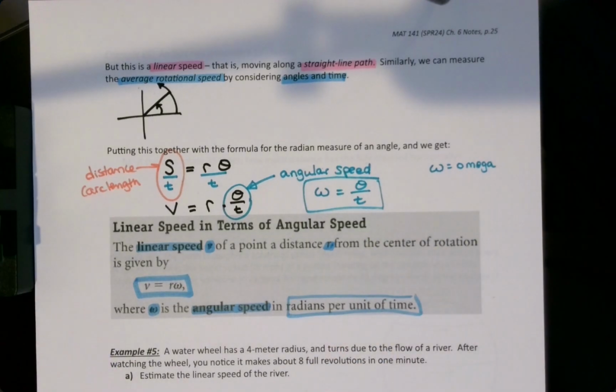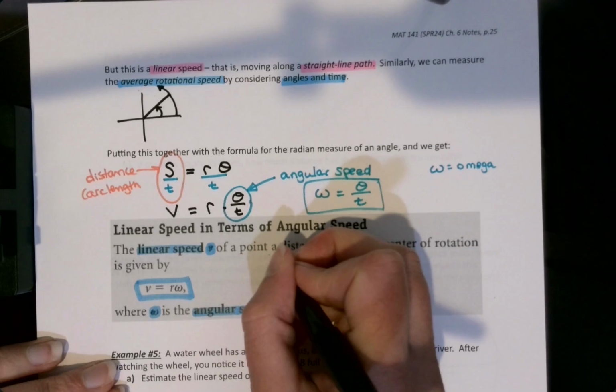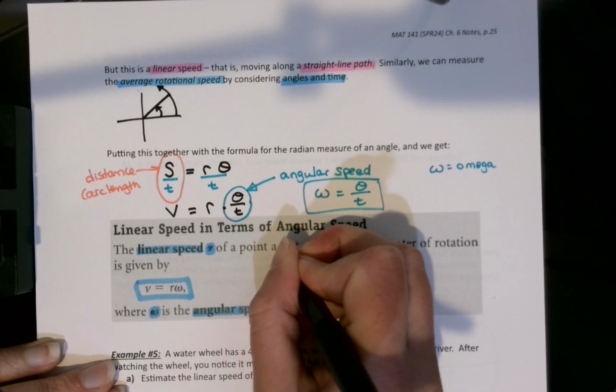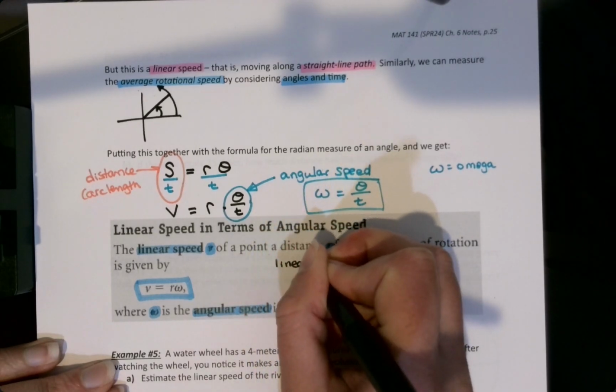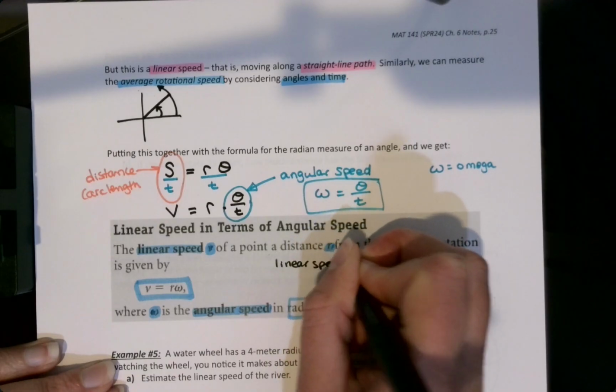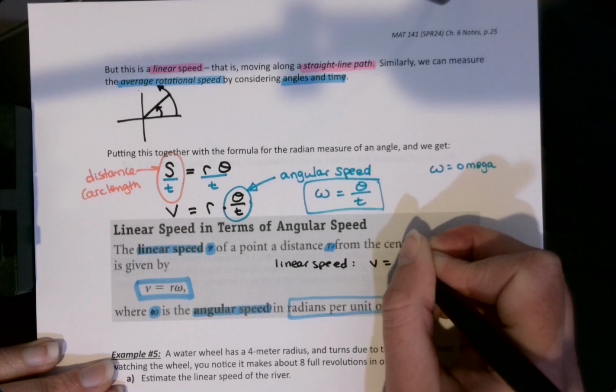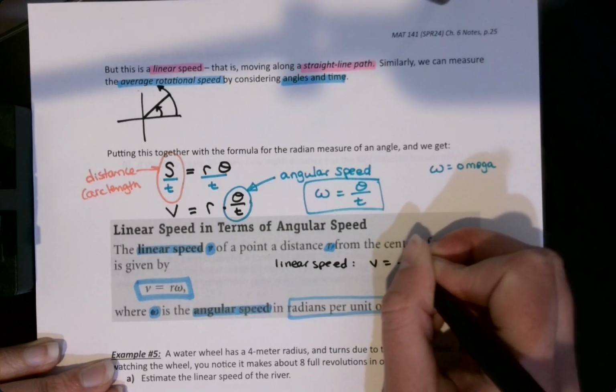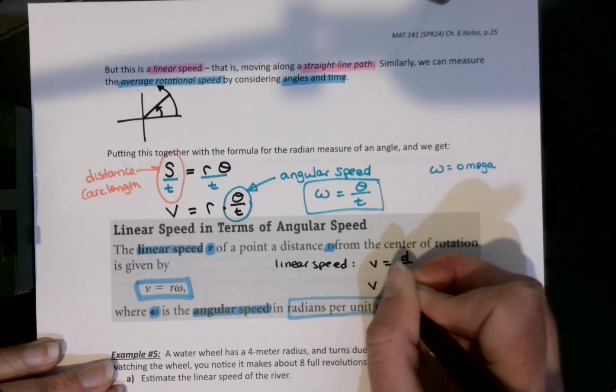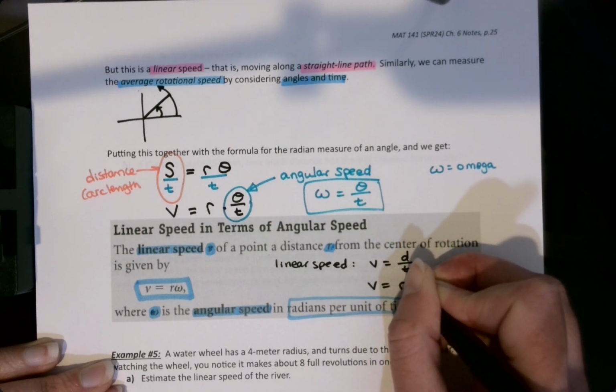So a couple different formulas. For linear speed, we can have V equals distance divided by time, and we can have V equals R omega.